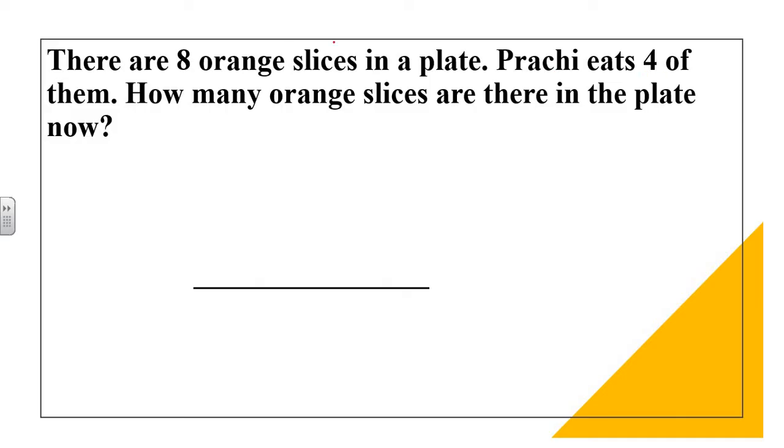Prachi eats 4 of them. How many orange slices are there in the plate now? So you have to imagine that there are 8 orange slices in a plate and she eats 4 of them. Means she is taking away 4 slices. So this sum is of, yes, absolutely correct, subtraction.